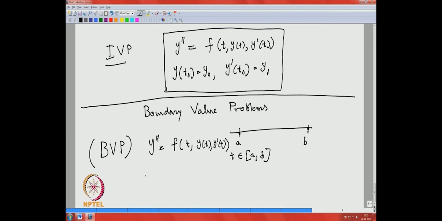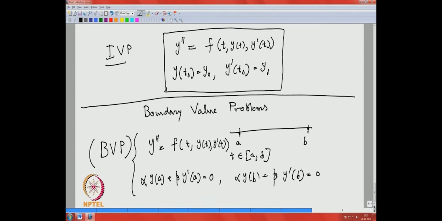I can put something like alpha into y of a plus beta into y prime at a equal to 0 if you want, and one more condition, something like alpha or some other parameter, y at b plus beta y prime at b. It is a general thing.